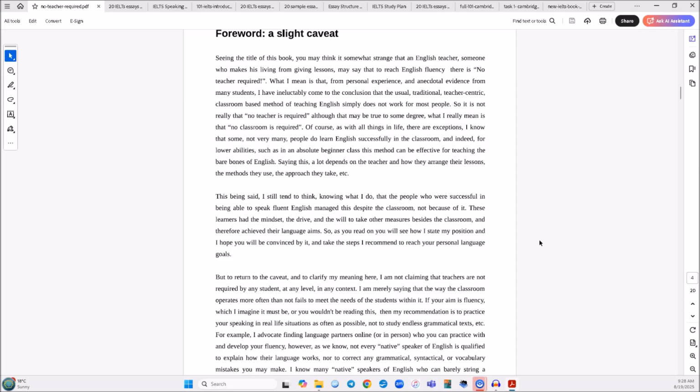So what I'm saying here is, which is one reason why iTalki is particularly effective, because it's one-to-one. So all this is talking about is group classes may not be as effective as they could be.